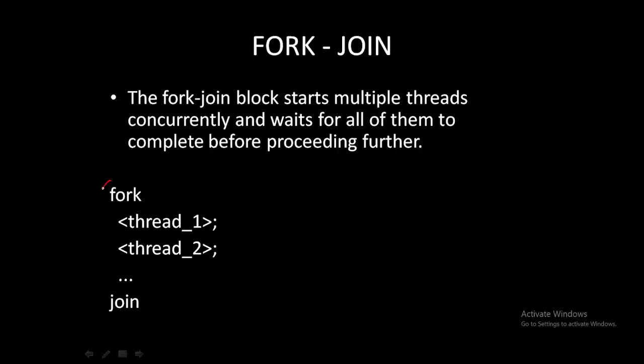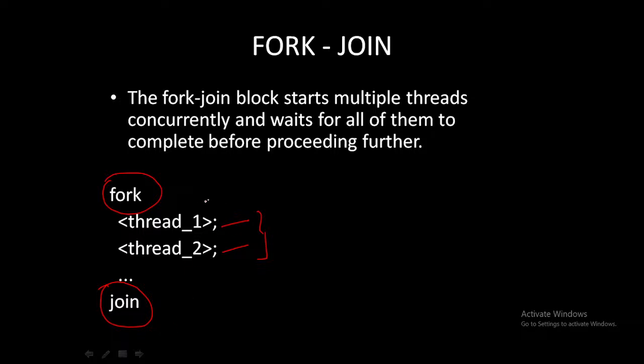This is the basic syntax for fork join. You should write fork and join, which are the keywords, followed by thread one, or you can say assignment one, followed by thread two. After completing these two assignments, or these two threads, only then will the compiler get out of this fork join block.